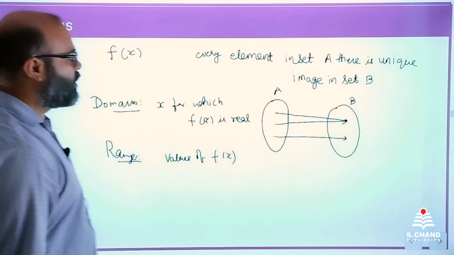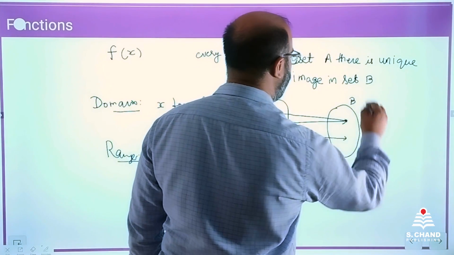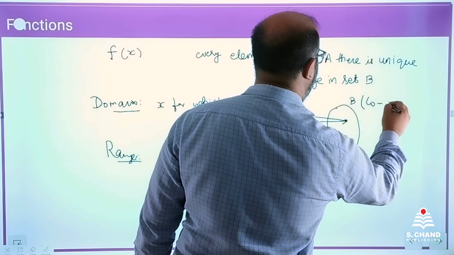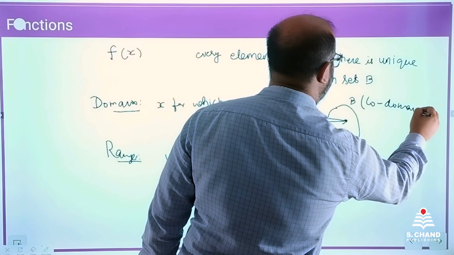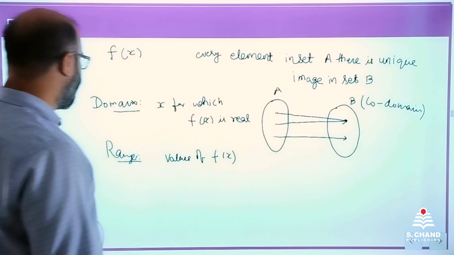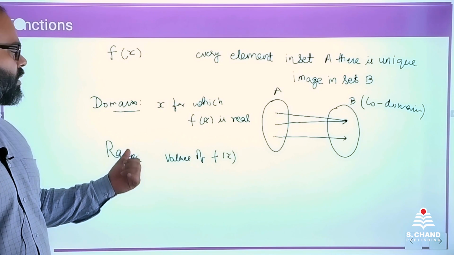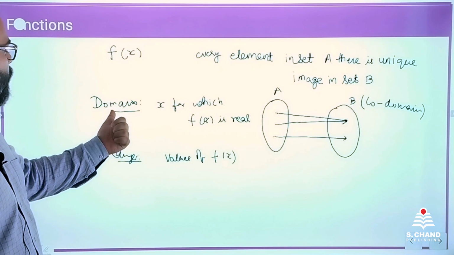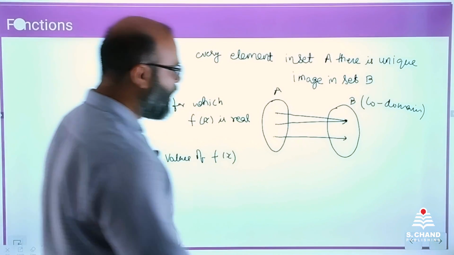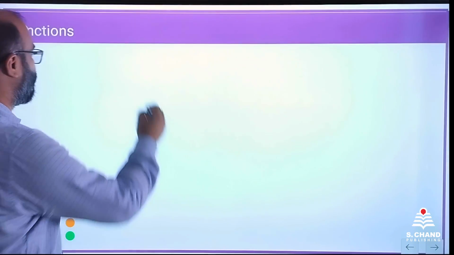This is the range, and the codomain is the set B here. This is the codomain. Now we have this as the domain, this as the range, and then we have one-one function and many-one function.